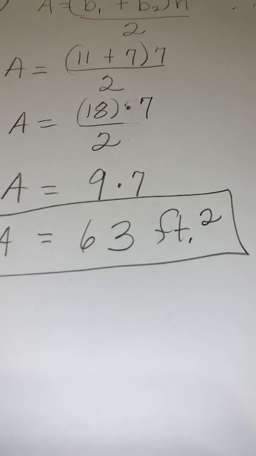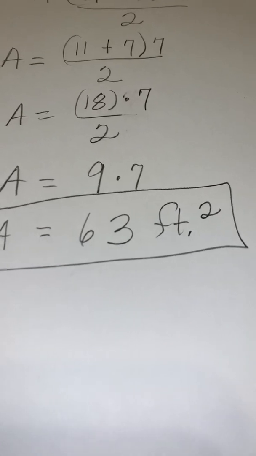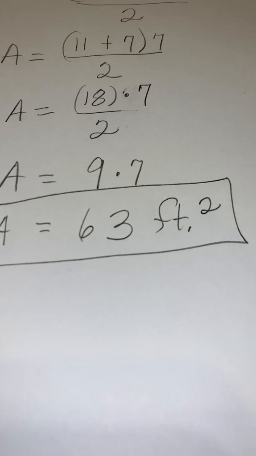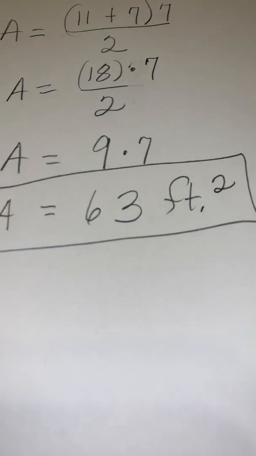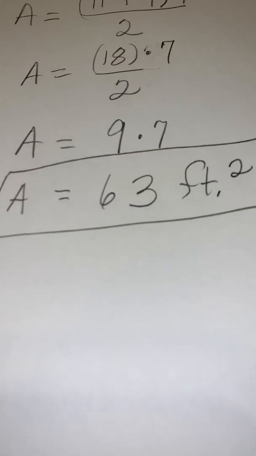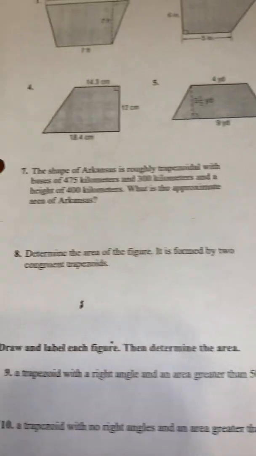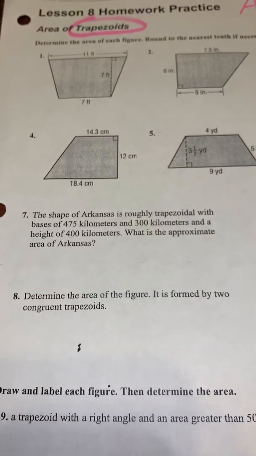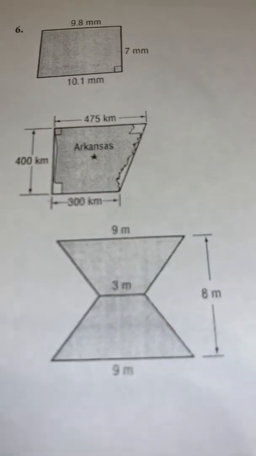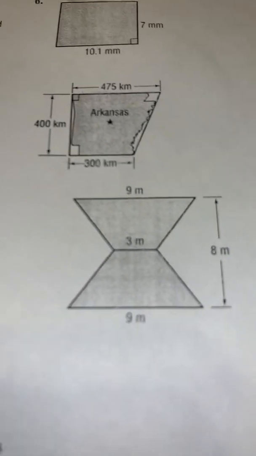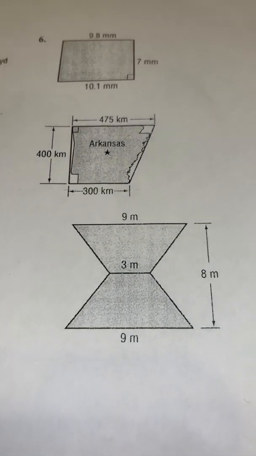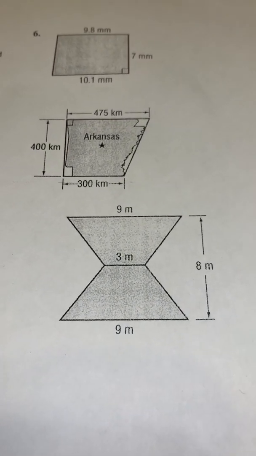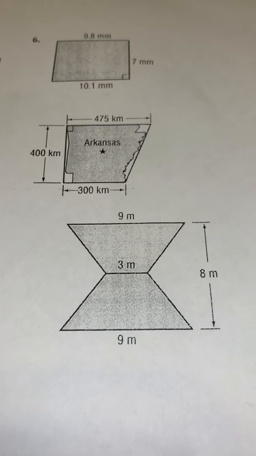What if we did number 8? It looks super interesting. Number 8 says, determine the area of the figure. It is formed by 2 congruent trapezoids. Check those out. You've got 2 congruent trapezoids, and we want to find the area of the figure.